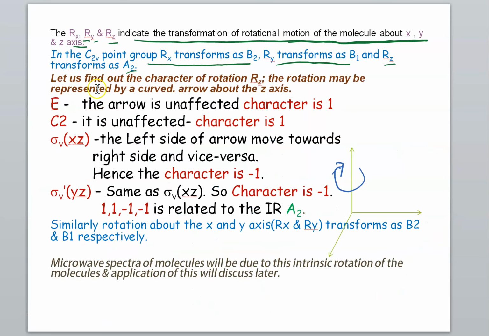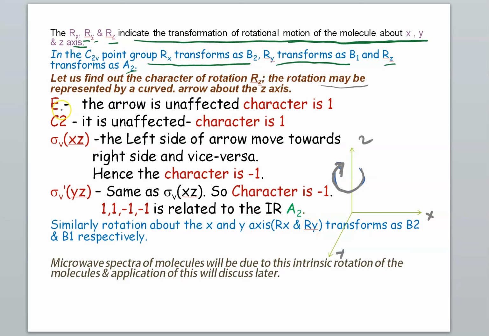Let us find out the character of rotation Rz. We are considering Rz. The rotation may be represented by a curved arrow about the z-axis. These are the x, y, z axes, and this is the rotation, indicated like a curved arrow.